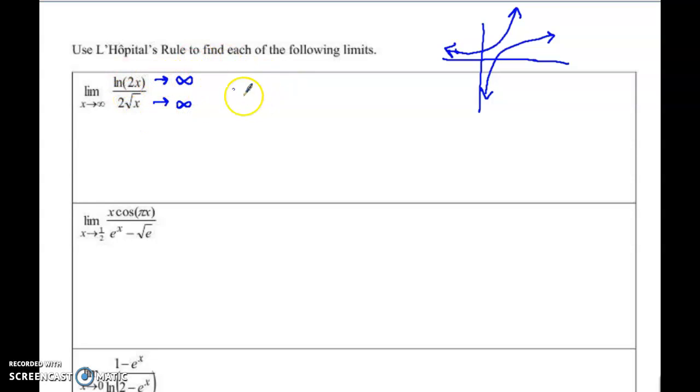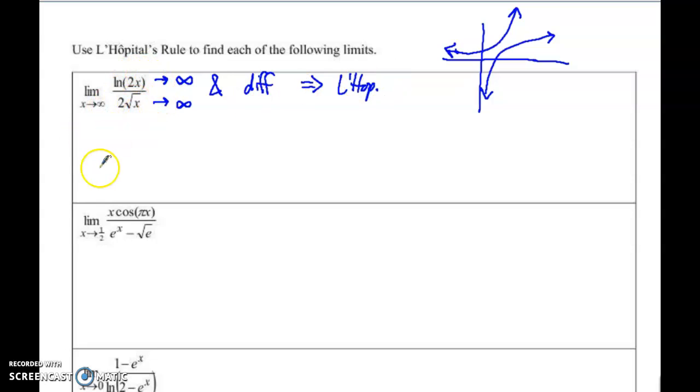They're differentiable functions on this domain, all positives. So the fact that we have differentiable and infinity over infinity implies, maybe put like an and in there, implies that we have L'Hopital's rule.